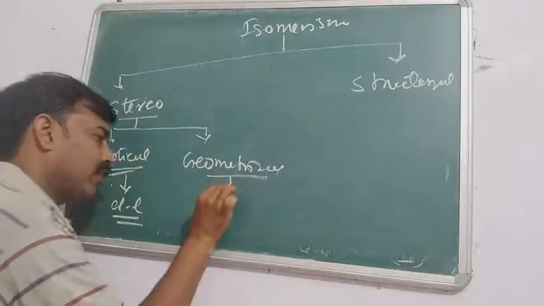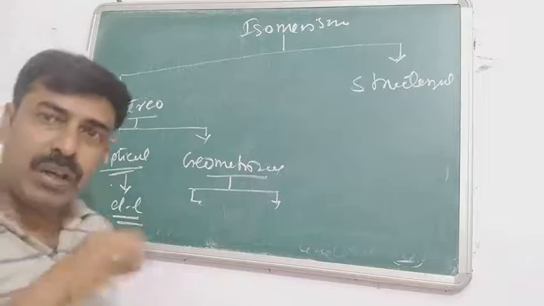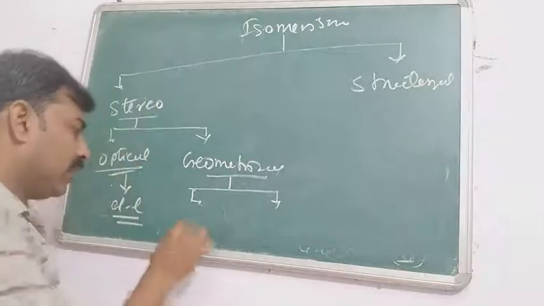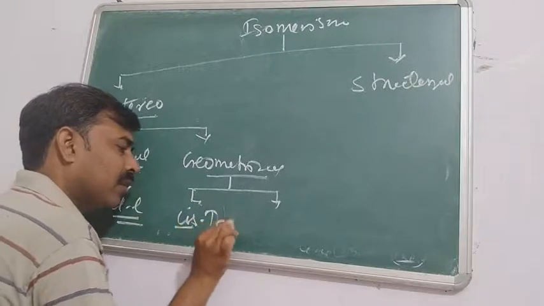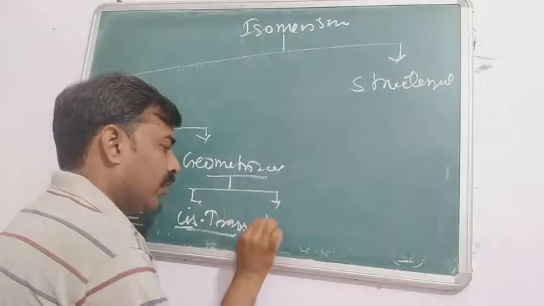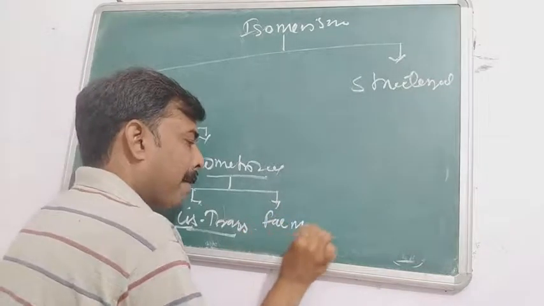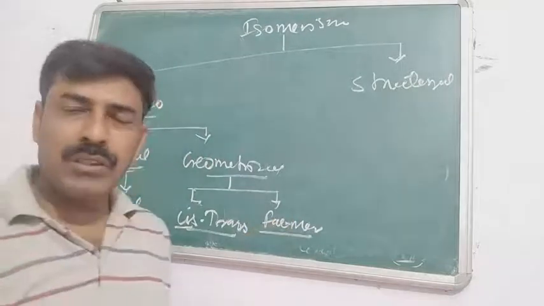But in the geometrical isomerism, there are two types which we are going to discuss. The first one is called cis-trans isomerism and the second one is the Fac-Mer isomerism. Fac means facial and Mer means meridional.